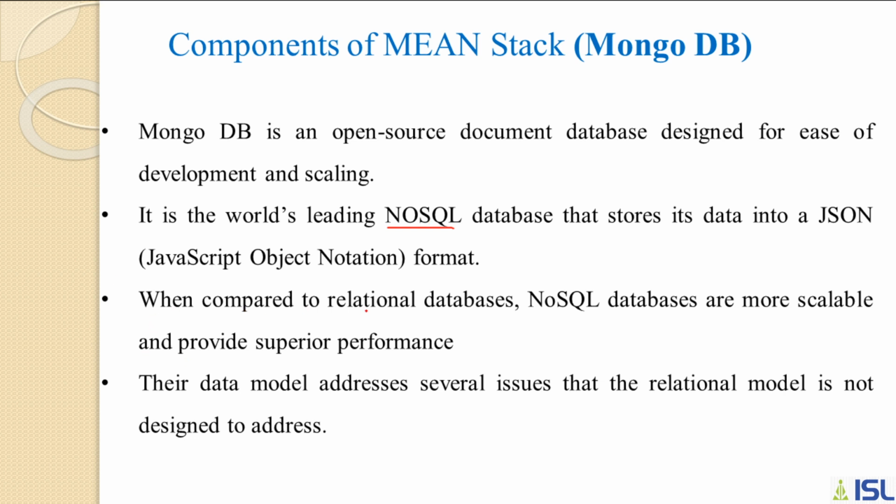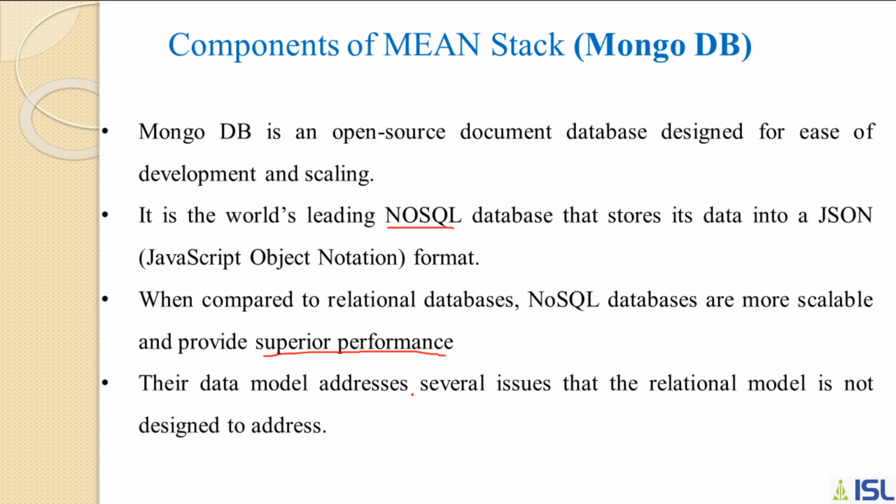When compared to a relational database, NoSQL databases are more scalable and provide superior performance. A relational database is the structured query language you learned in second year DBMS. NoSQL is more scalable and provides superior performance.